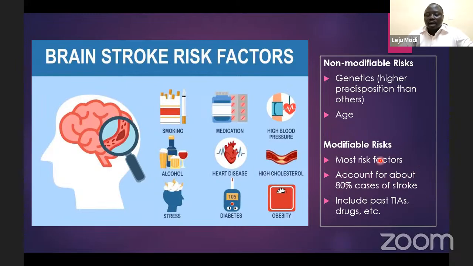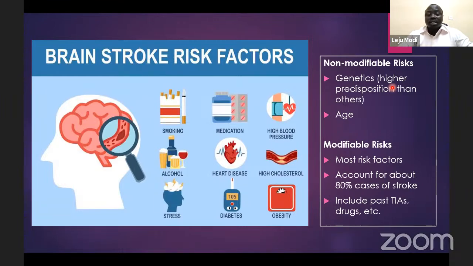And most strokes are caused by modifiable risk factors, actually, up to about 80% of the cases. So you see that maybe 20% of the cases come from non-modifiable risks, like old age and genetics. The problem in old age is usually blood vessels get stiffer and harder, not very easy to bend around.